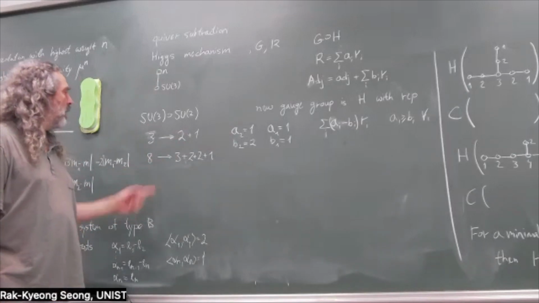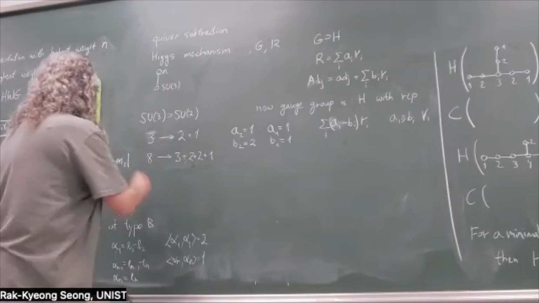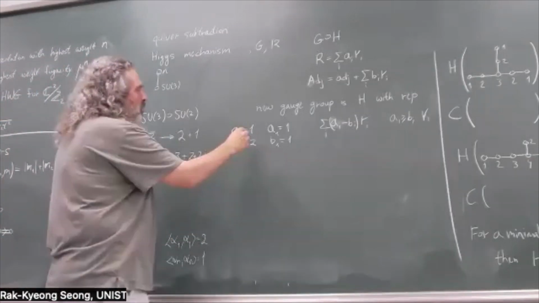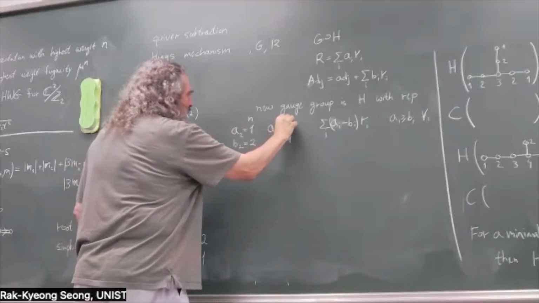So in general, if I have n copies of this, then I'll have to multiply this by n and this by n.